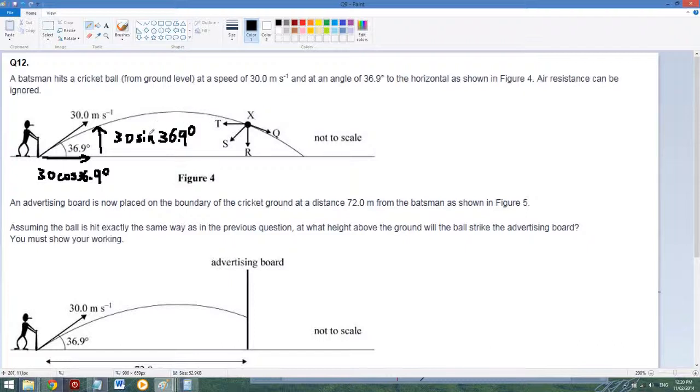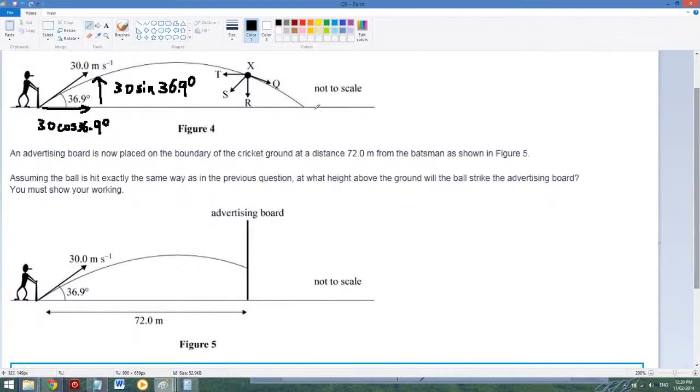We have to break this into two components: horizontal and vertical. The horizontal one will be 30 cosine 36.9 degrees. The vertical one will be 30 sine 36.9 degrees.